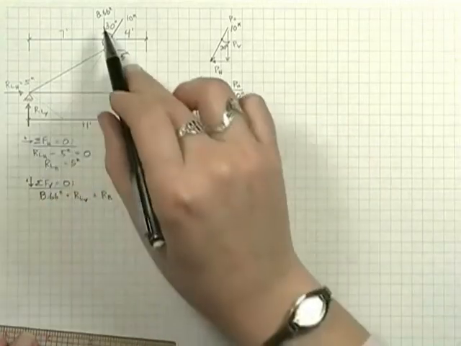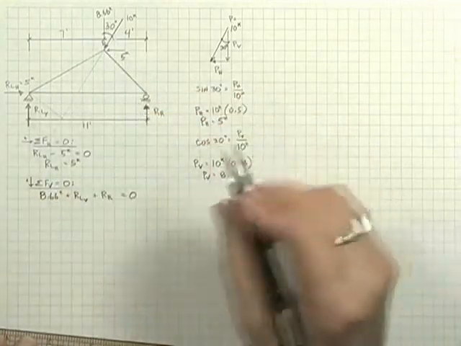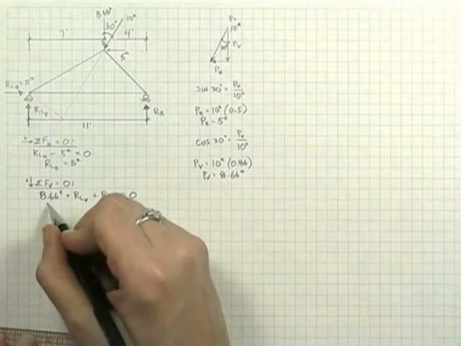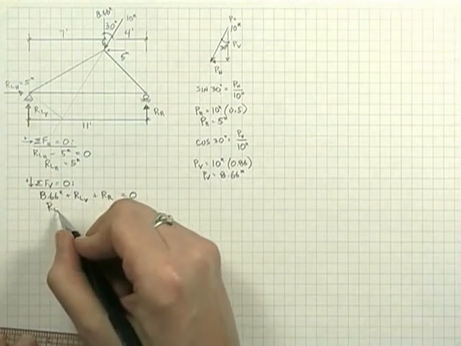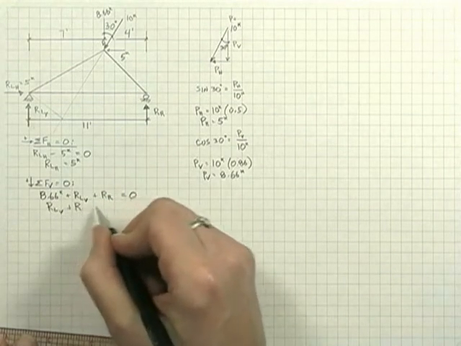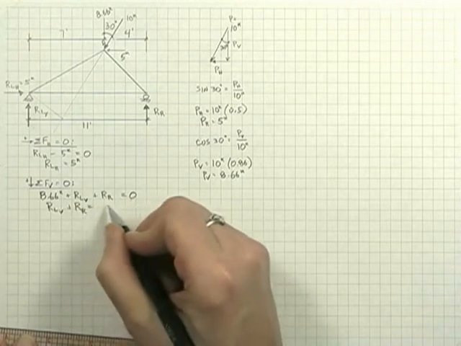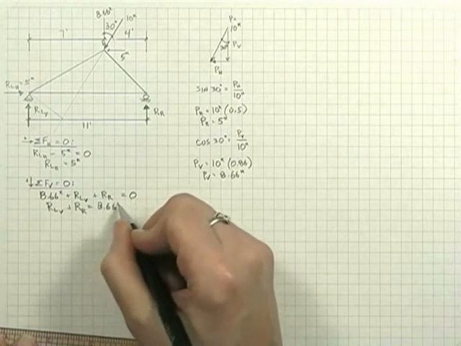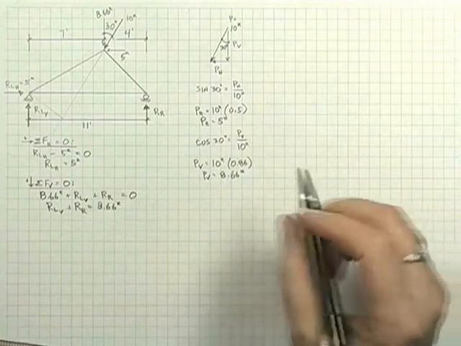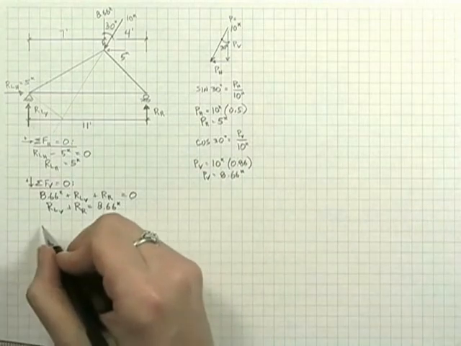Those are the only forces that act in the vertical direction. So all we can say right now is that R left vertical plus R right equals 8.66 kips. To solve for this, we have to sum moments.